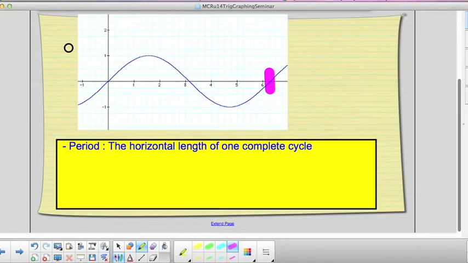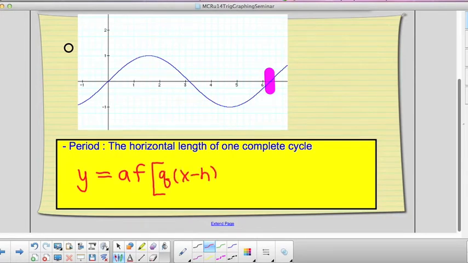But there is also a formula to figure out your period. Let me just show you with the transformation equation. So this is the transformation equation that we've been using all this time: y = a sin q(x - h) + k. In terms of the transformation equation, I already know my a term represents my amplitude.